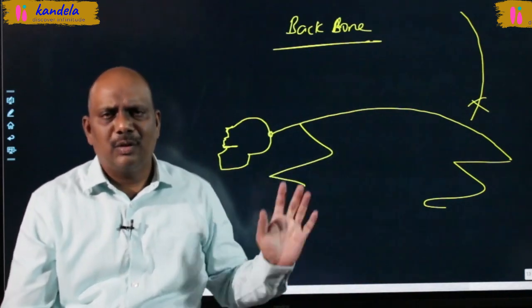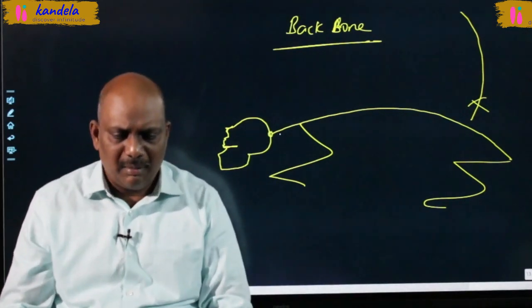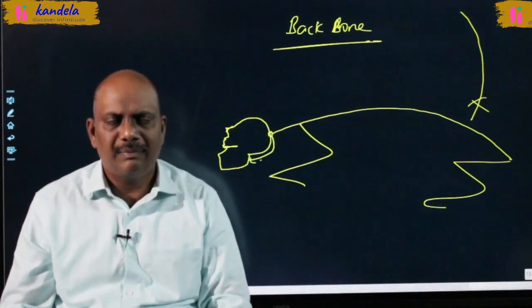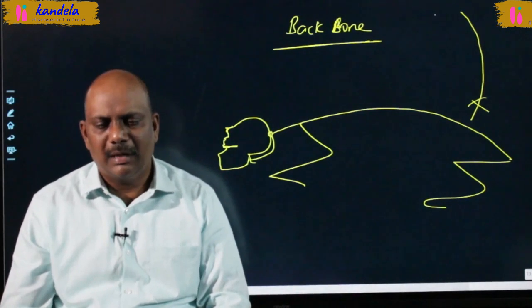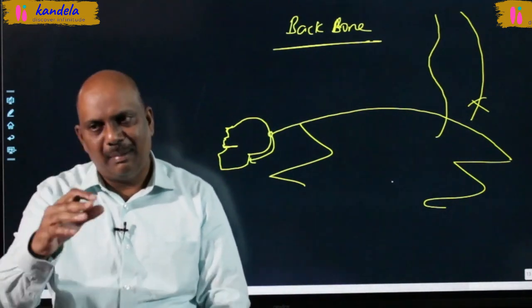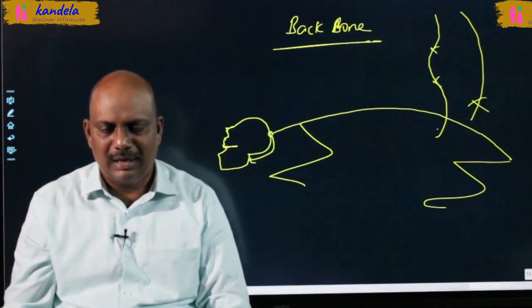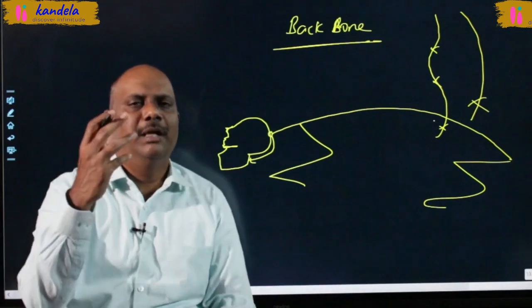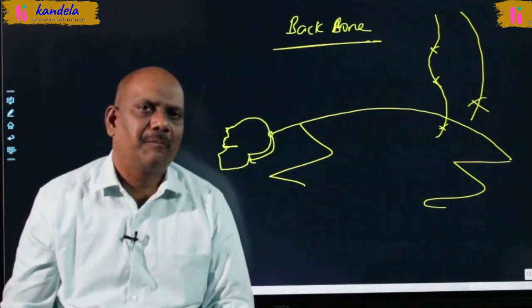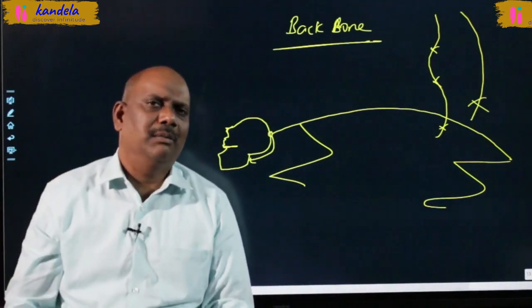As a result, in the course of evolution, when we got an erect posture and the foramen magnum descended from here to here, even the vertebral column became multiple arched. We have developed a number of curves so that this portion and even this portion will be in a position to bear our body weight. So our body weight will be balanced at many places in our backbone.